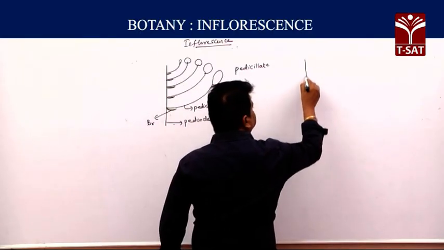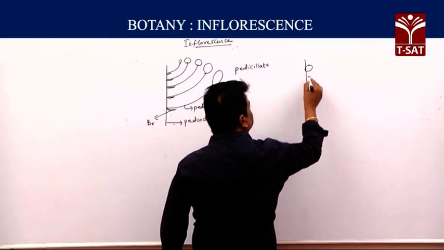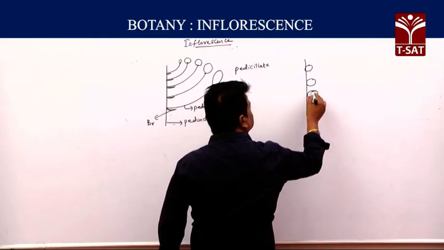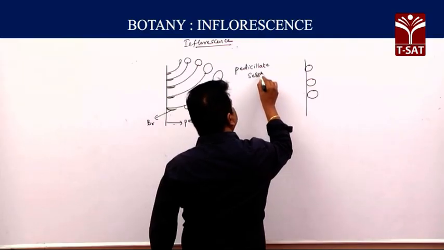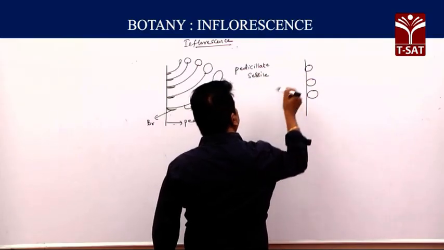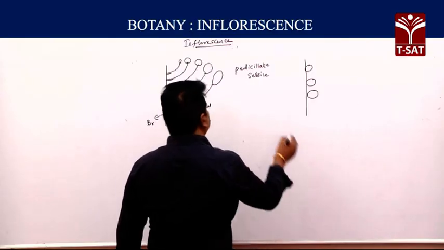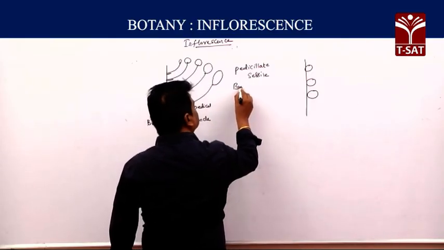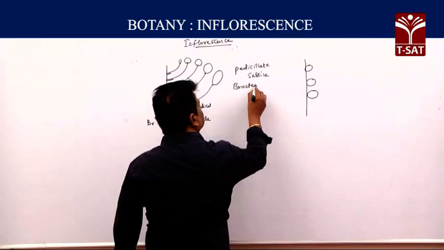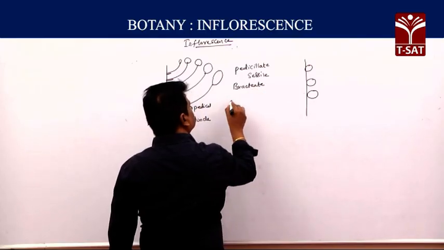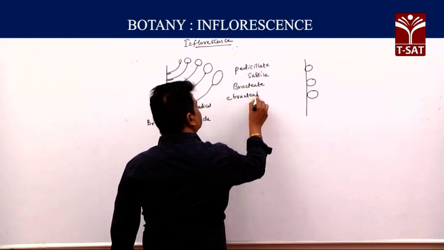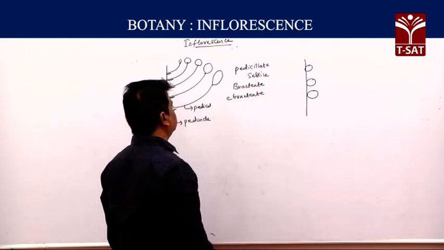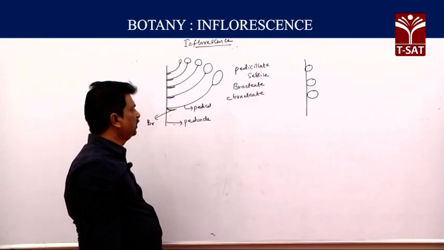If a flower is without a pedicel, such a flower is said to be a sessile flower. If a flower has a bract, it is called bracteate. If a flower is without a bract, it is called ebracteate.